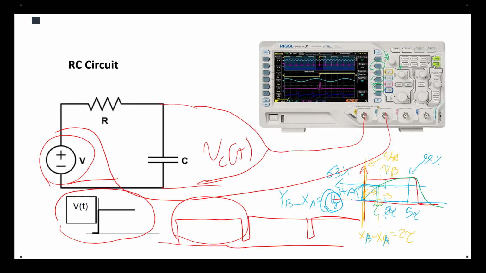In 1 tau, you reach the 63%. In 2 tau, maybe you reach 86%, and in 5 tau, all the way, you reach 99%. It's not linear, it's exponential. So, very good. Any other question?